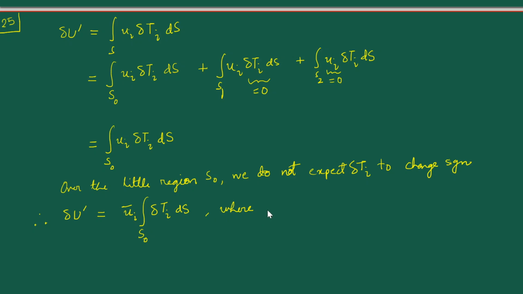We write this clearly as where ui bar are the components of the displacement vector ui at some point within S naught.